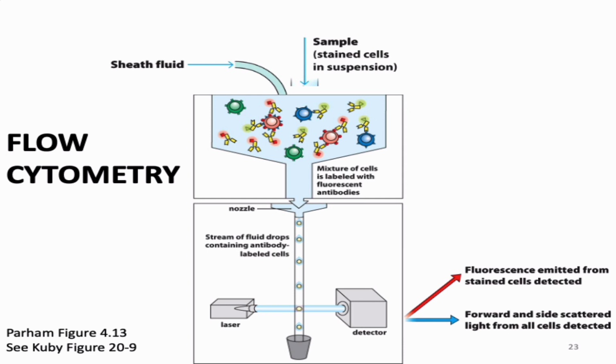When my cells are falling, they're going to fall across the path of a laser. So you can see the path of the laser shown here. And there's going to be a detector that is going to detect what comes out of the laser to see how the cells change the laser's light.